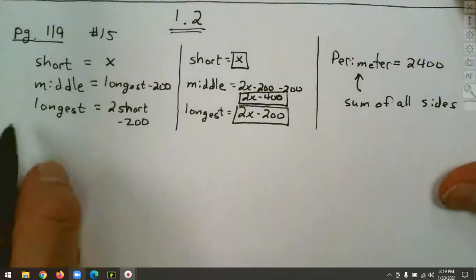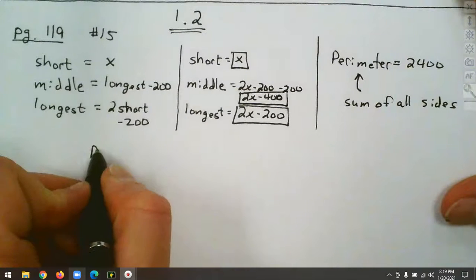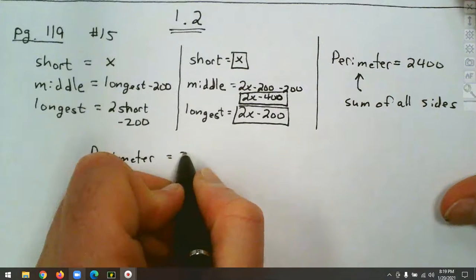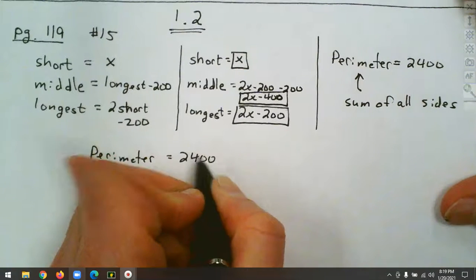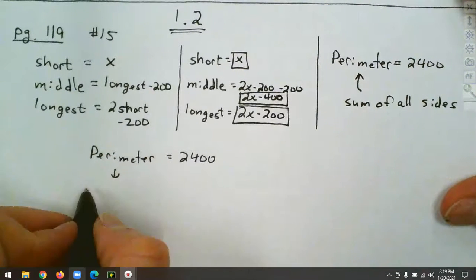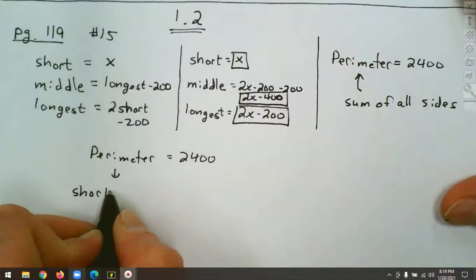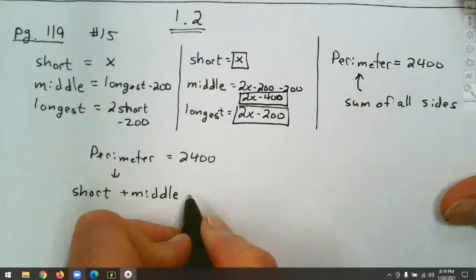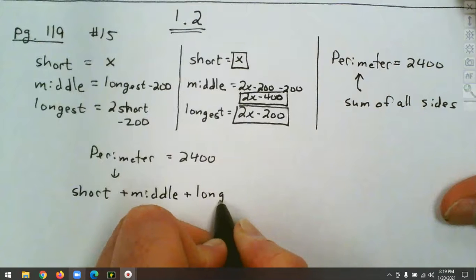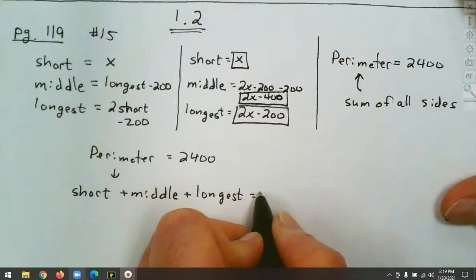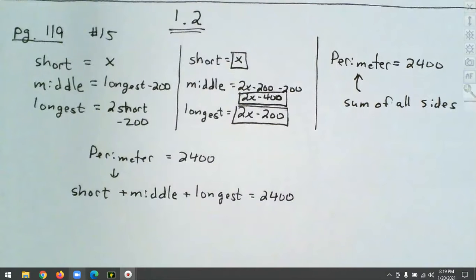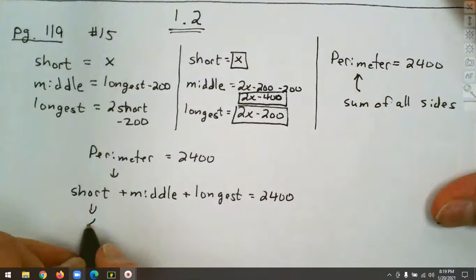Well, our equation is our perimeter equaling 2,400. And we know our perimeter is the short side plus the middle side plus the longest side. And we know the short side is x.